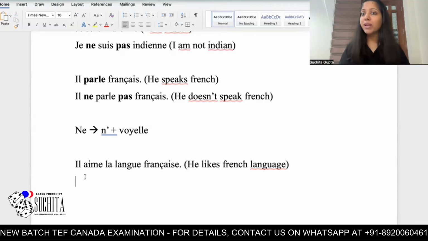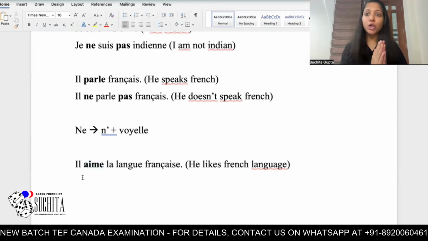So let's come back to our example, which is il aime la langue française. So the verb that we have is the verb aimer. Il aime. Now, can you see that our verb begins with a vowel A? Okay. Now, of course, we have to put ne before the verb and pas after the verb, as I just explained. But since our verb is beginning with a vowel, what will happen?